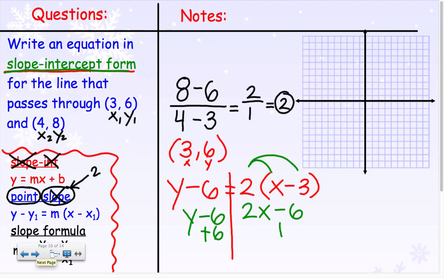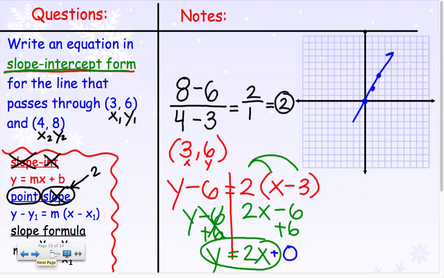Add 6 to both sides. y equals 2x, and then negative 6 and 6 make 0. If I want to graph this equation, I don't have a y-intercept. If you don't have a y-intercept, that means your first dot goes at 0. My slope is 2, so I'm going to rise 2, run 1, rise 2, run 1. Connect it with a line.